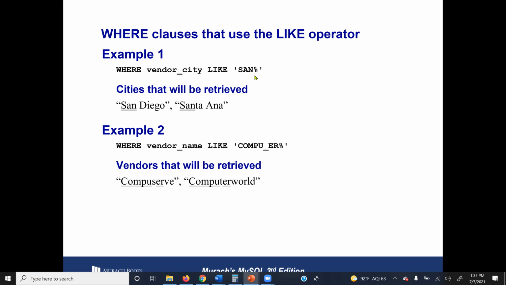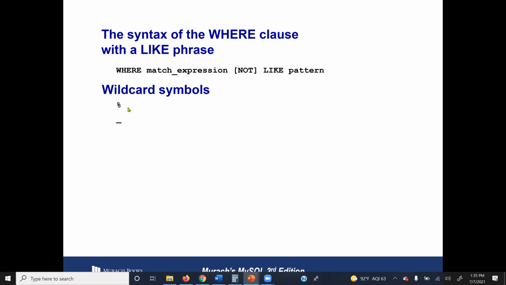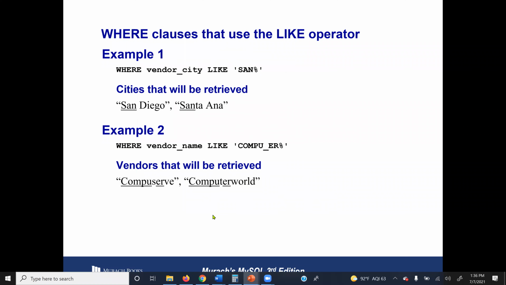It can be Sana, Sanu, Sane, only one character. So the wildcard is two here. Percent means any character and any amount of characters. Dash means any one character. So if I have two dashes, I need any two characters.